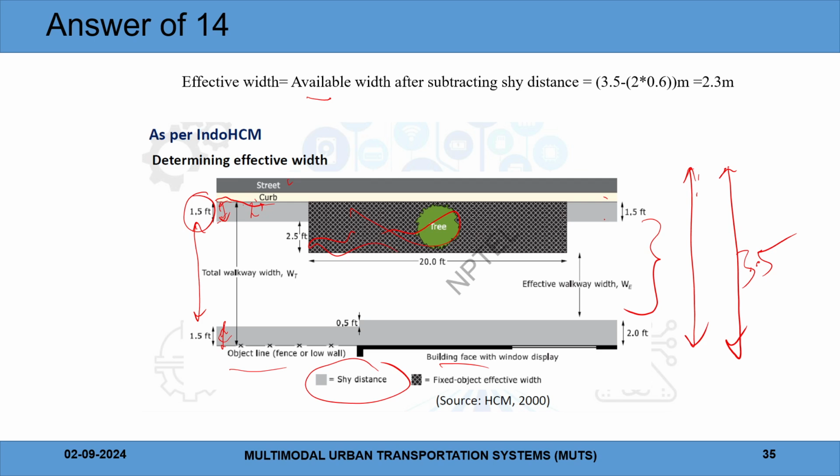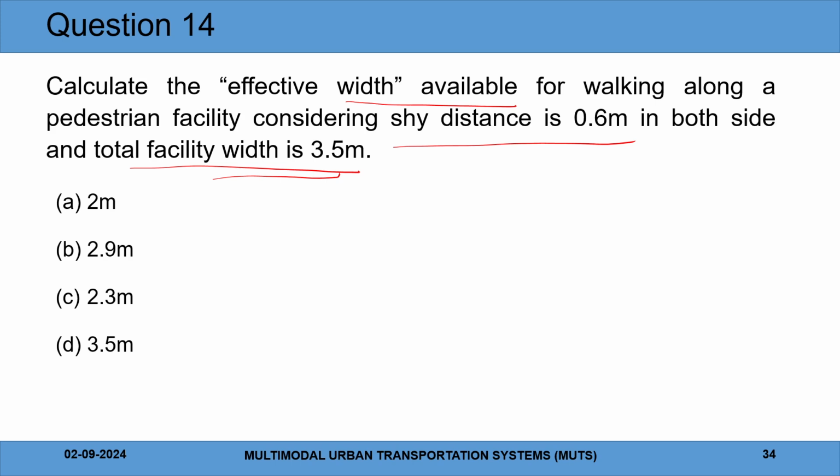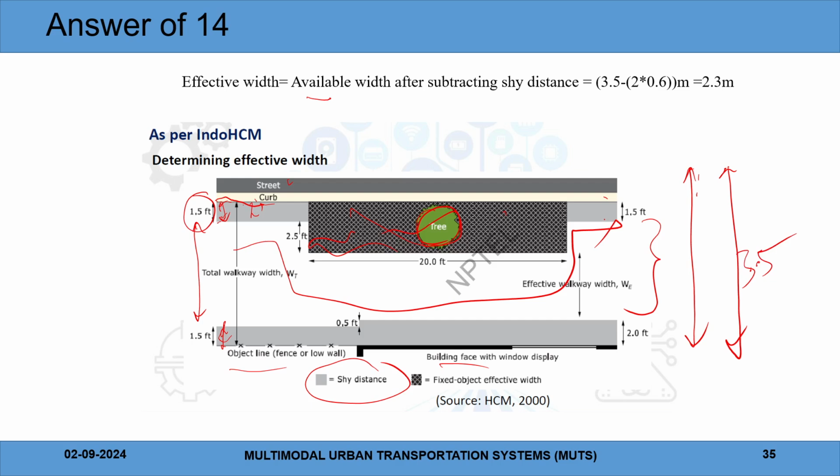Or if there are some trees present, people go around them. But in this question, it is not that complicated. It is saying there is a side distance on both sides of 0.6 meter. So this side is 0.6 meter and this side is 0.6 meter.